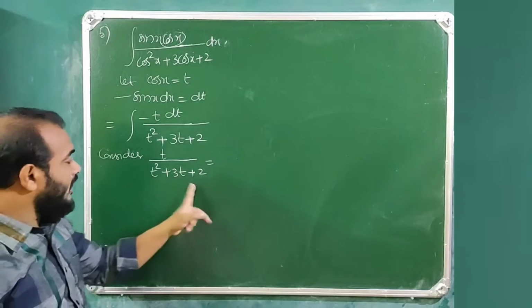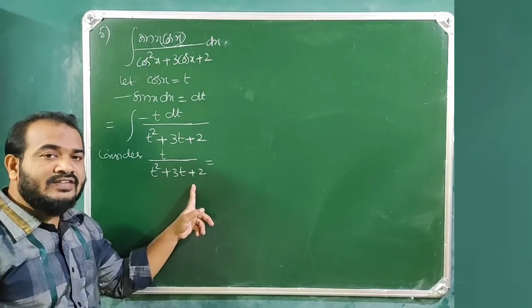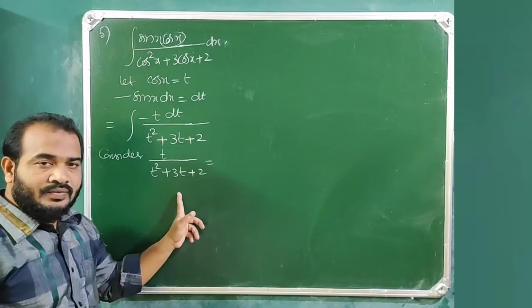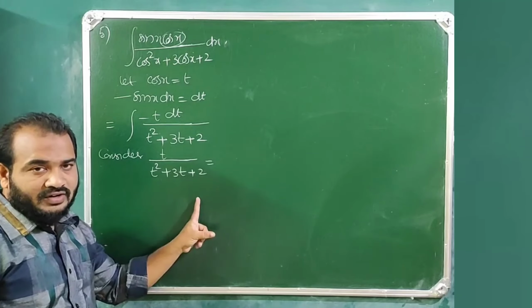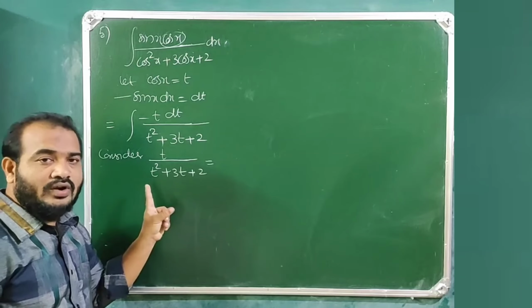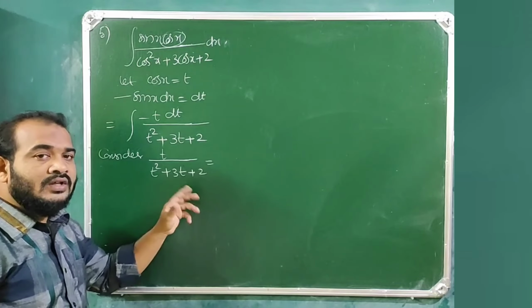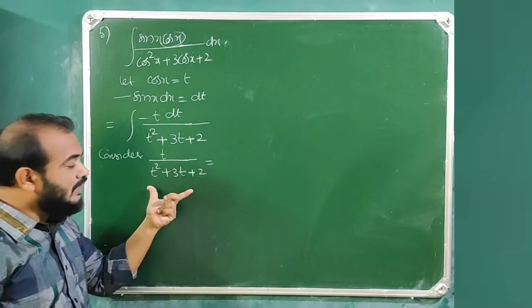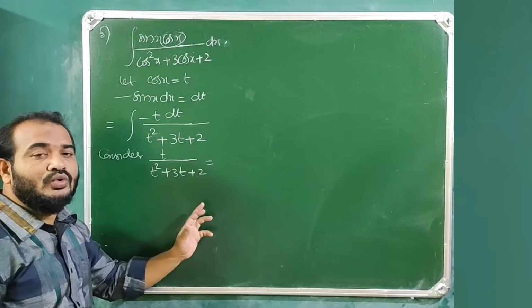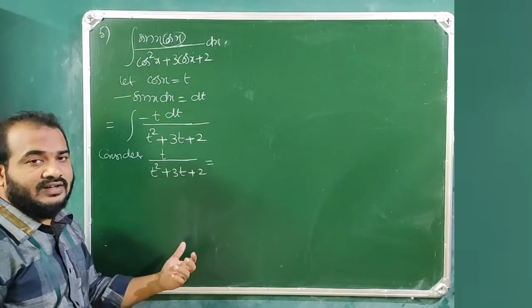And the denominator contains a quadratic factor. Let us analyze which quadratic factor it is, I mean reducible quadratic factor or irreducible quadratic factor. A reducible quadratic factor is that quadratic factor which has further factors, which can be expressed as the product of two or more linear factors.